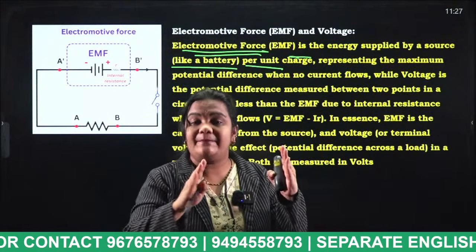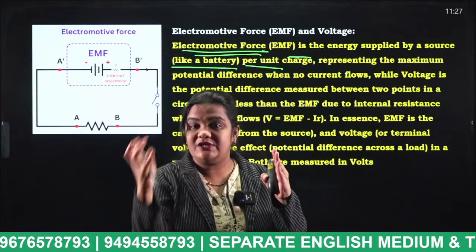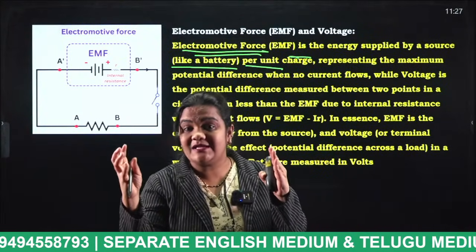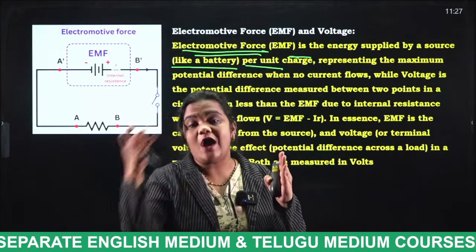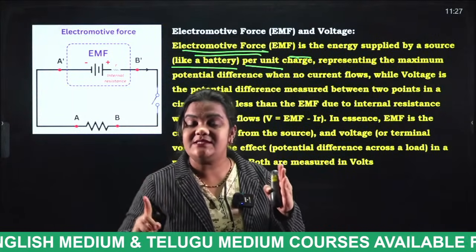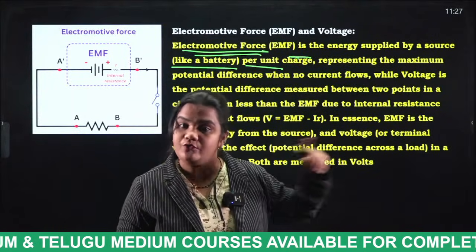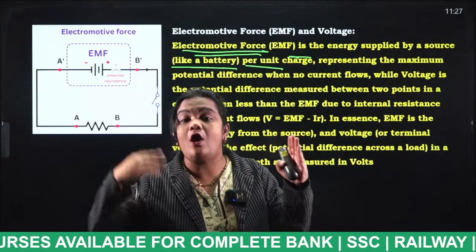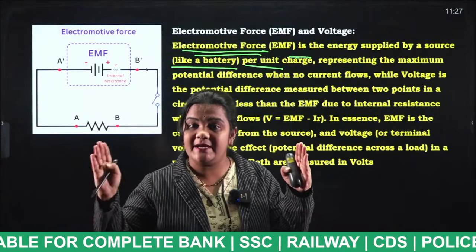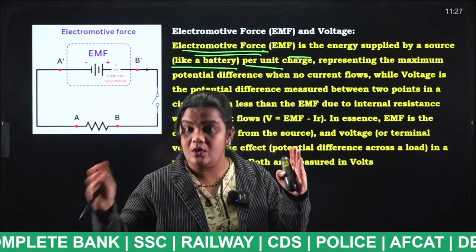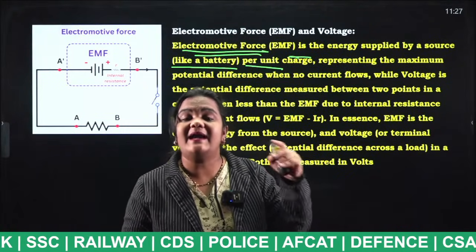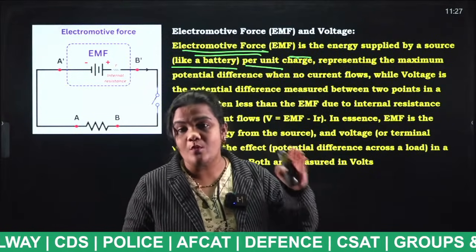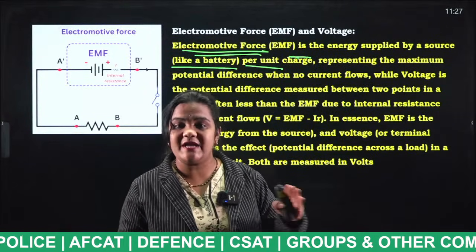For this purpose, the transfer of energy from the source to the object, that energy is known as what, friends? Electromotive force. The energy is supplied from a battery to the object in order to generate electricity or in order to make that object work, and that energy is considered as electromotive force. Did you understand what I said?